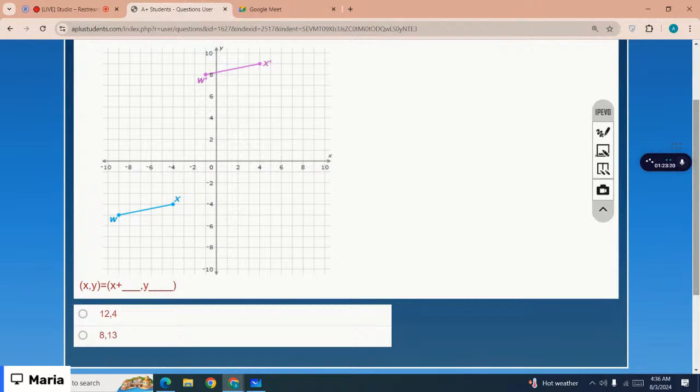That is 8 and 13. Option number 2 is the correct option.